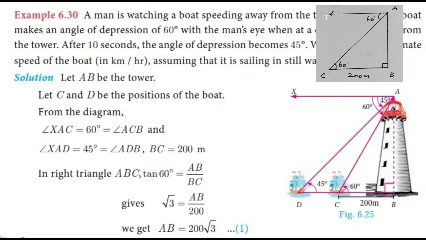Since tan 60 degree is equal to root 3 and BC is equal to 200, 200 shift to left hand side, we get AB is equal to 200 into root 3. That is equation number 1.